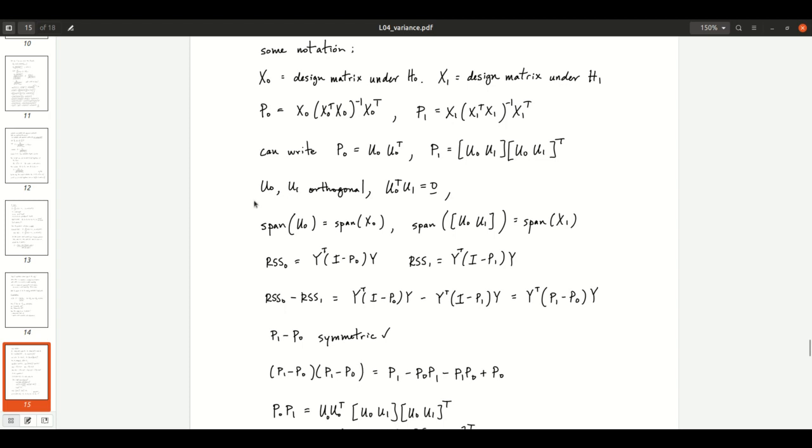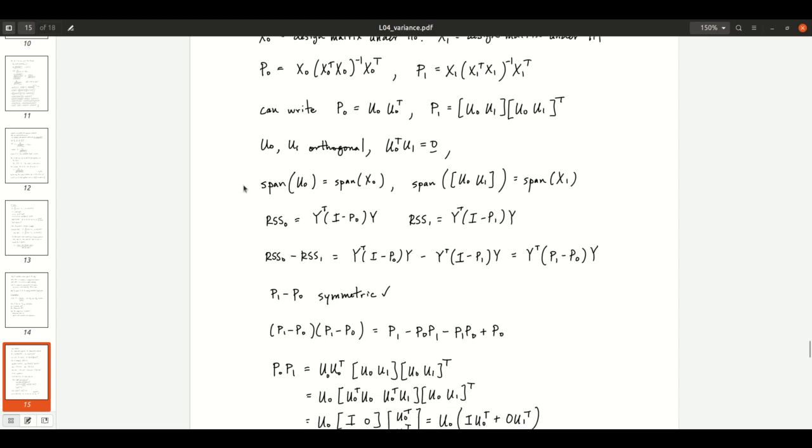Now, U0 and U1 are orthogonal by construction, because if we take this projection matrix and write it down in terms of orthogonal columns, any of the columns are orthogonal to any of the others. So all of the columns in U1 are orthogonal to all the columns in U0, meaning that U0 transpose U1 equals the zero matrix.